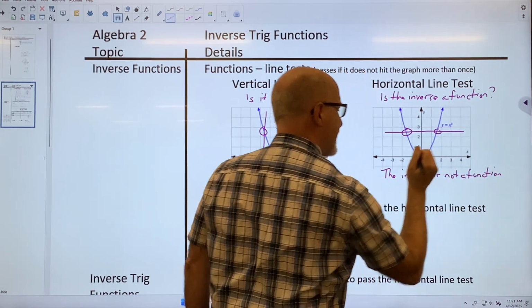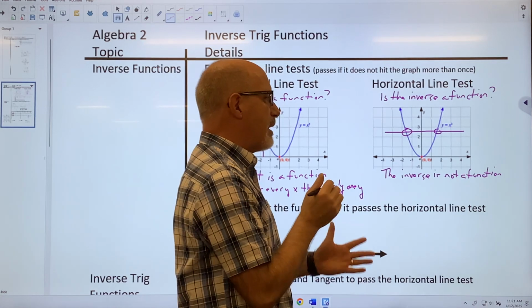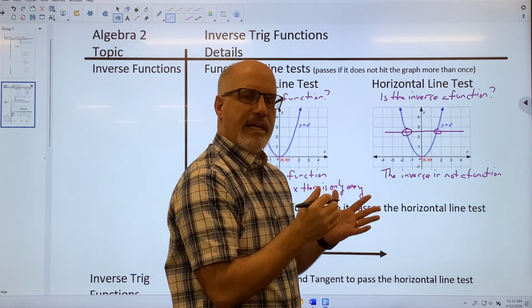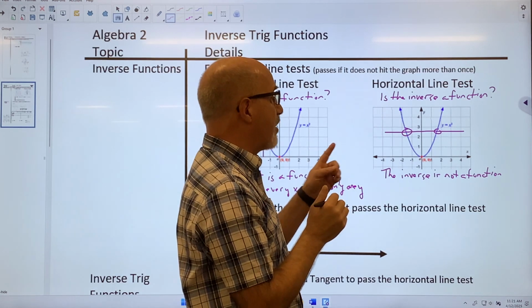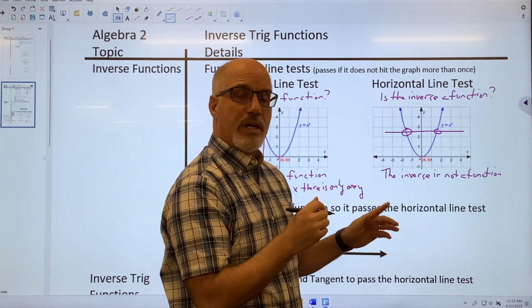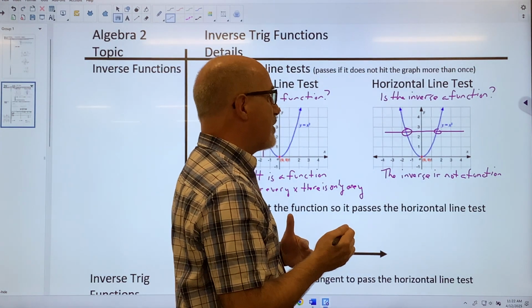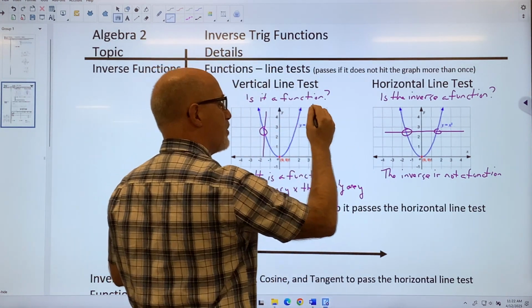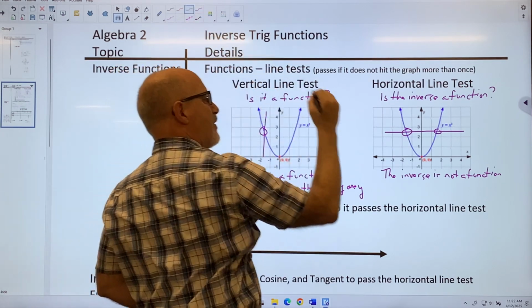Okay, so if that's the case, what we want to do is be able to restrict it. And if we can restrict the domain here so that it can only hit it once, then we would have the inverse being a function. So in that case, we want to look at this graph.